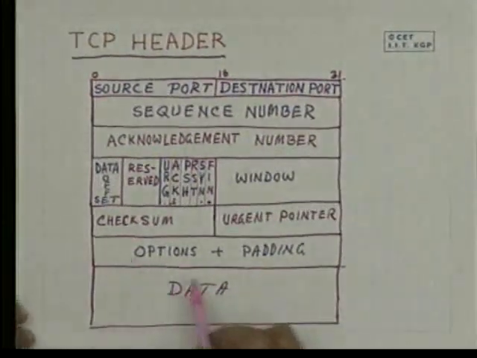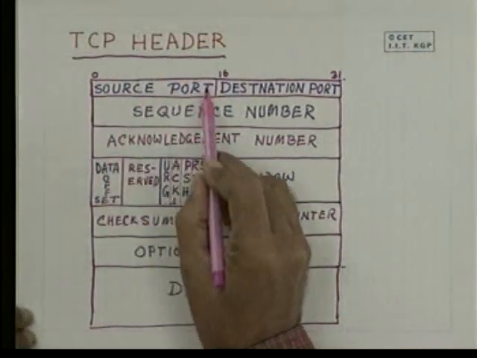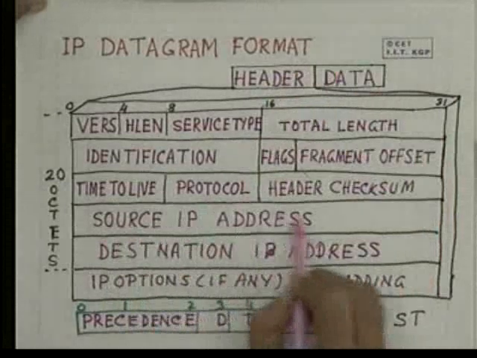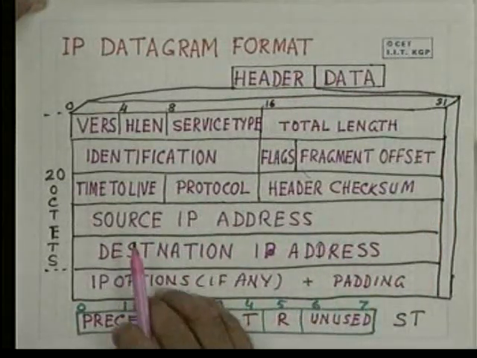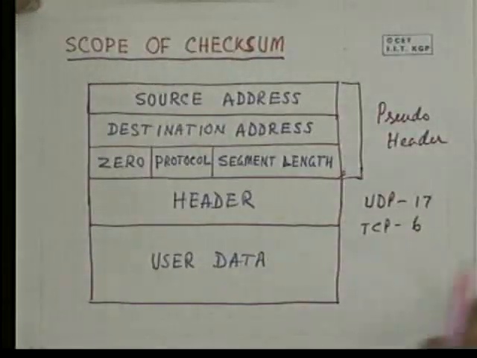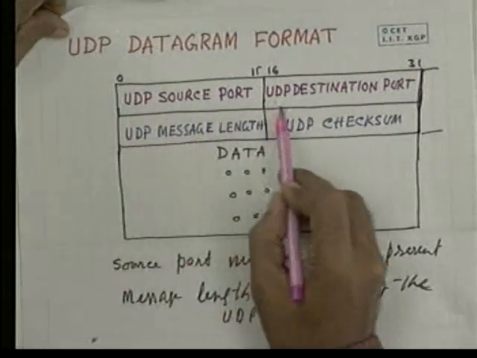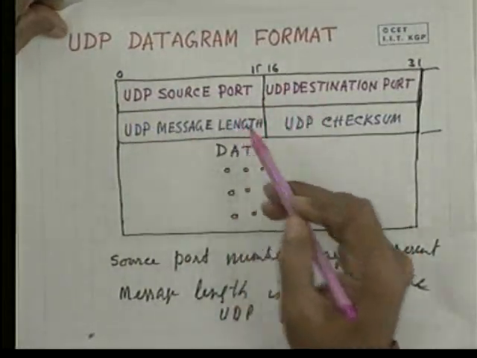As part of the IP datagram, we already know that source IP address, destination IP address, these are all there. But in this UDP header, as we have seen, the source IP address and destination IP address is not present.